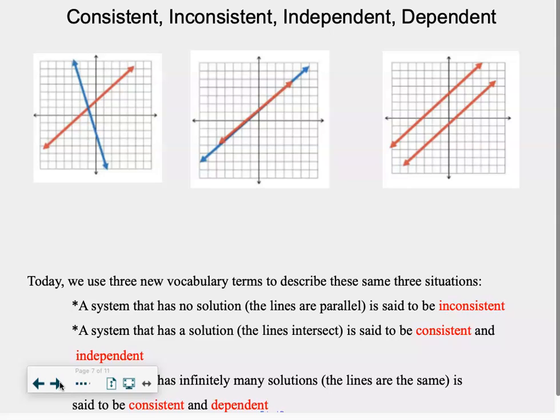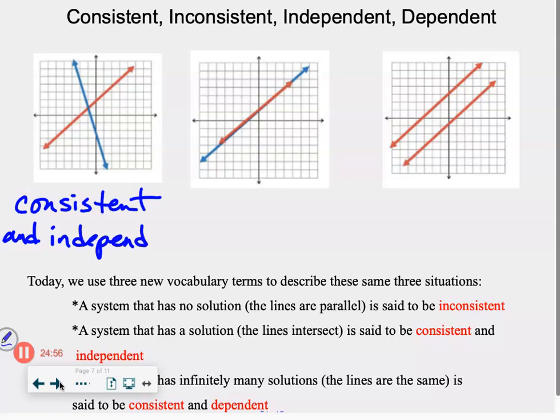When you have 2 lines that crisscross, the system is called consistent and independent. Consistent because there's a solution, and independent because there's only one solution.